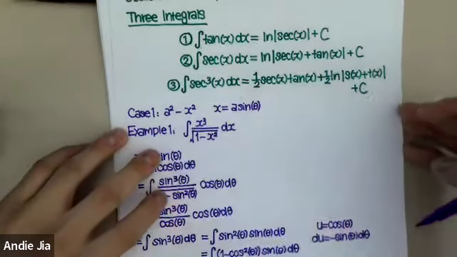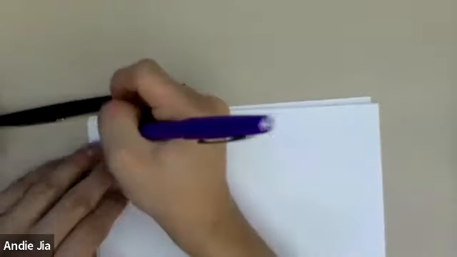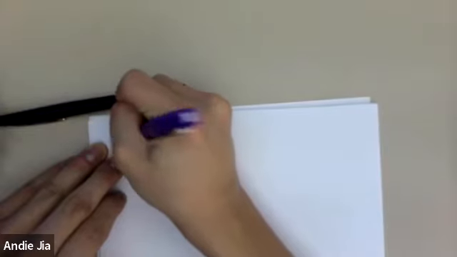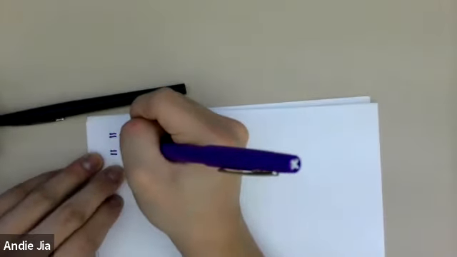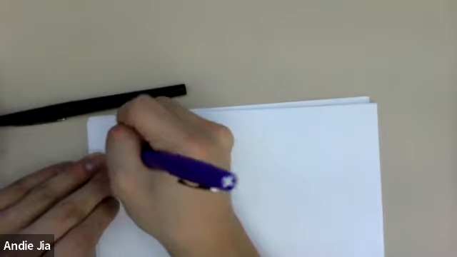If we have this, one third u cubed minus u plus c, we need to replace u with cosine of theta.